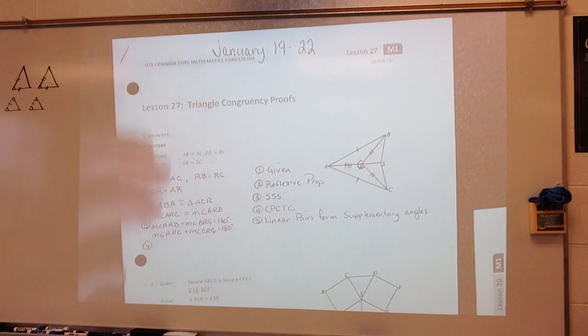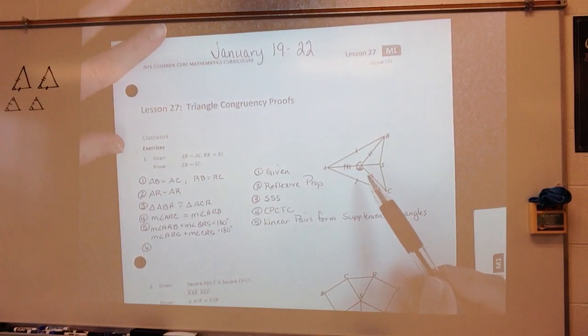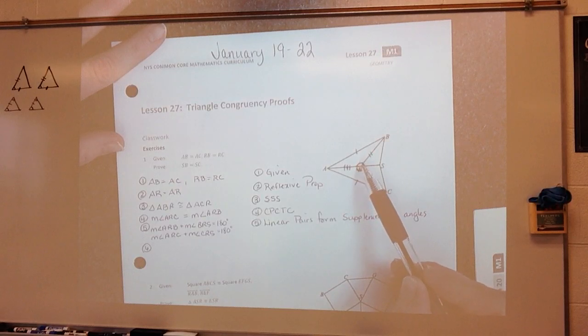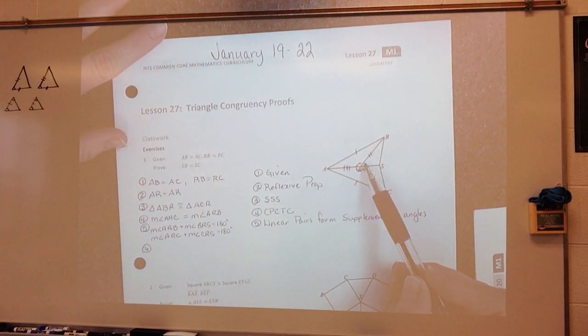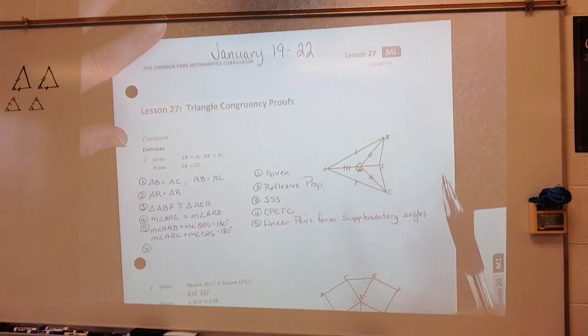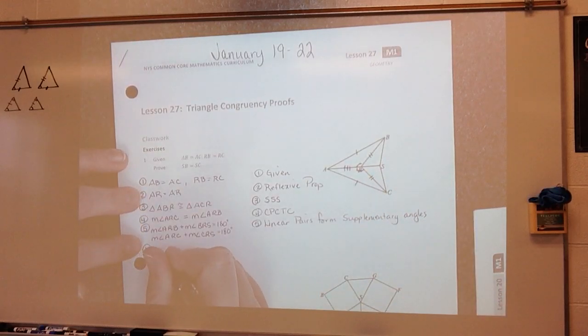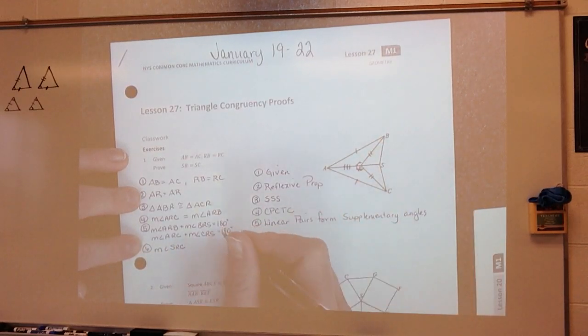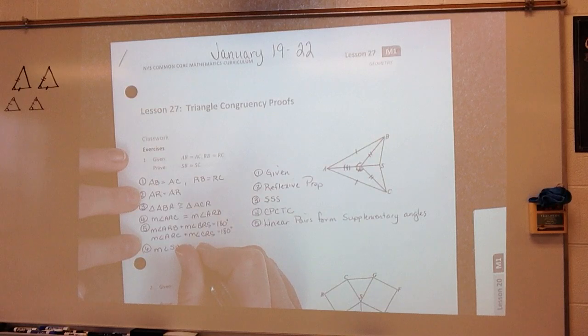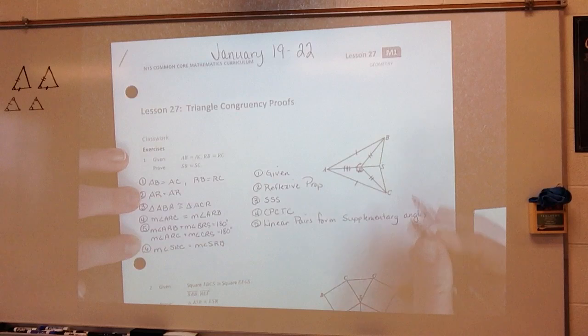Alright. So since I know that they are supplementary angles and they form a linear pair, we just talked about this. If this angle equals 150, then this one has to be 30. But if this one's 150, that means this one's 150, which means this one also has to be 30. So the measure of angle SRC is equal to the measure of angle SRB.